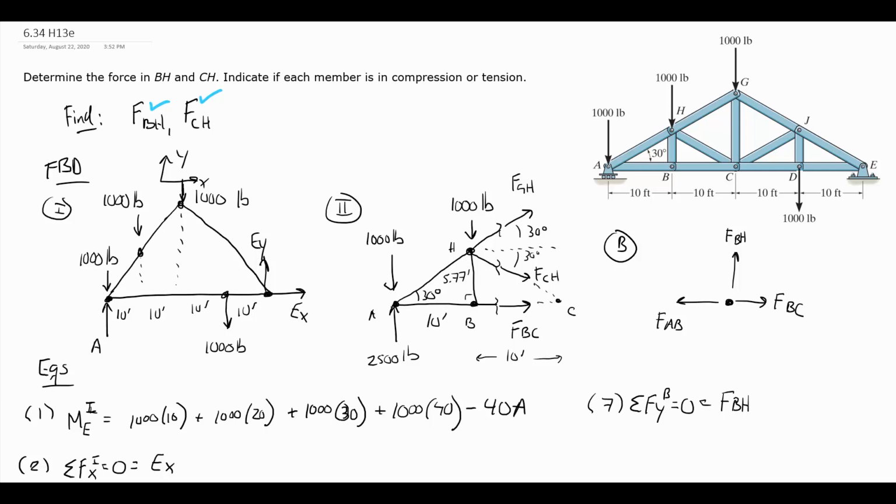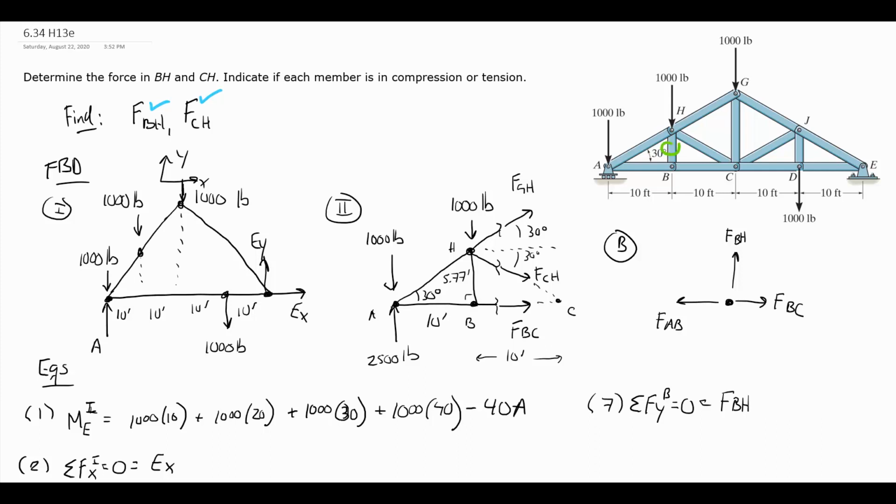So that leaves us with B, which I obviously saved for last, since that we will be able to identify one. It's connected to members AB and BC, so those we cannot say are zero force members. However, BH has a component of its force orthogonal to the ABC axis, which in this case is the vertical axis.